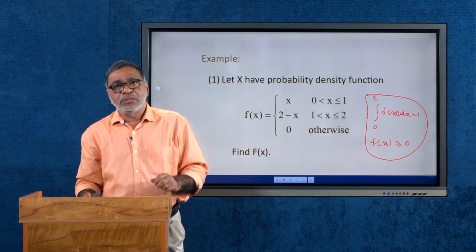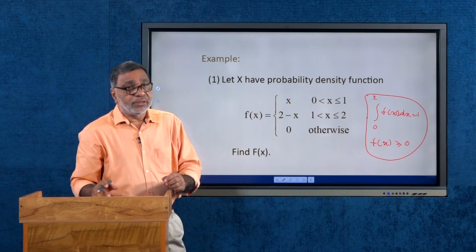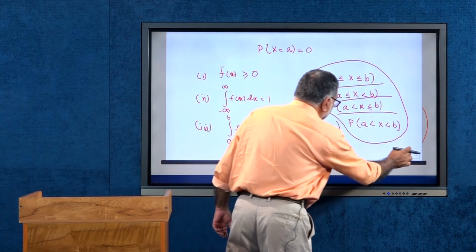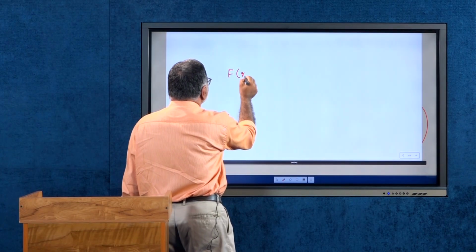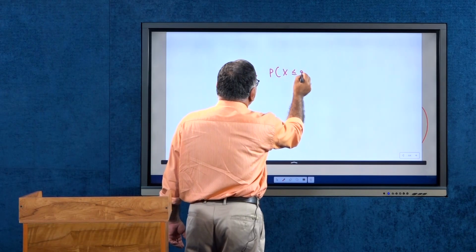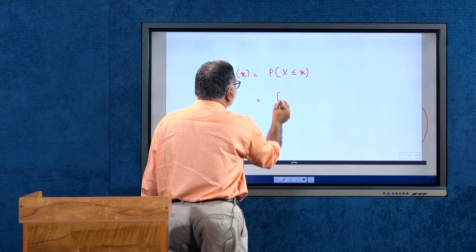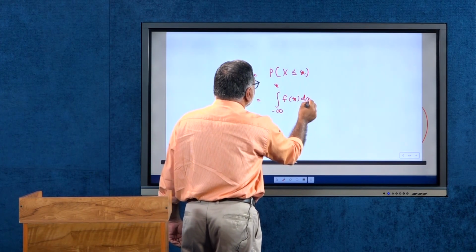And the question is how to find the distribution function. To find it, the distribution function F(x) is equal to the probability of X less than or equal to x by the original definition, or the integral from minus infinity to x of f(x) dx, because X is a continuous random variable.